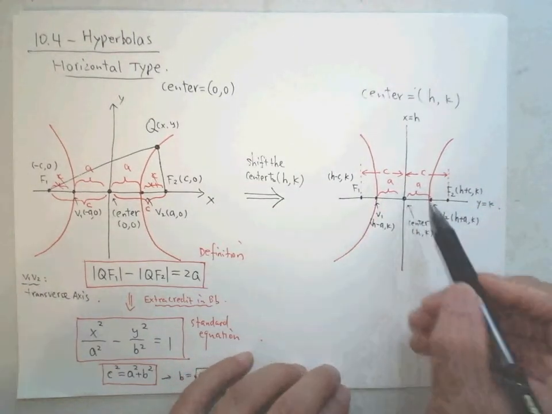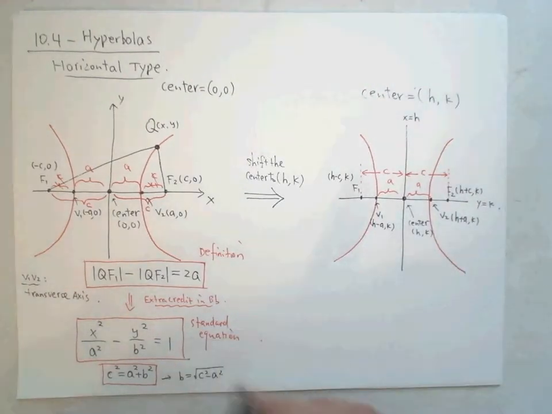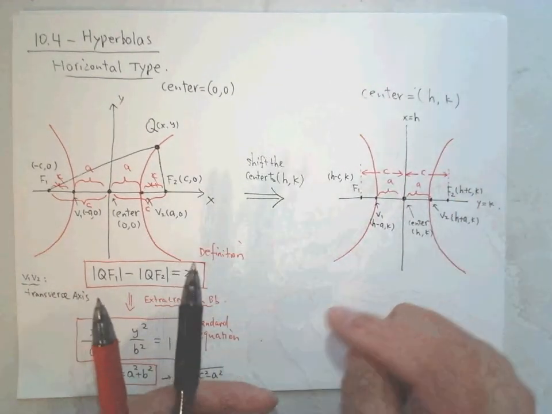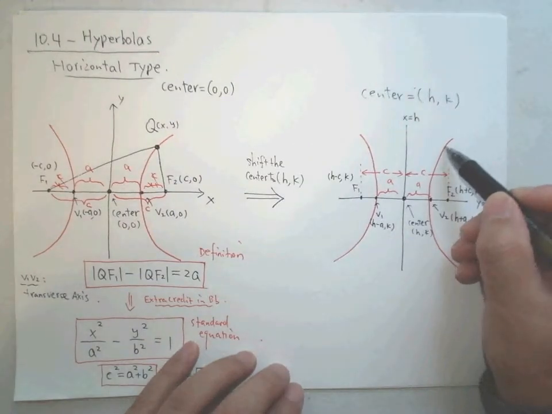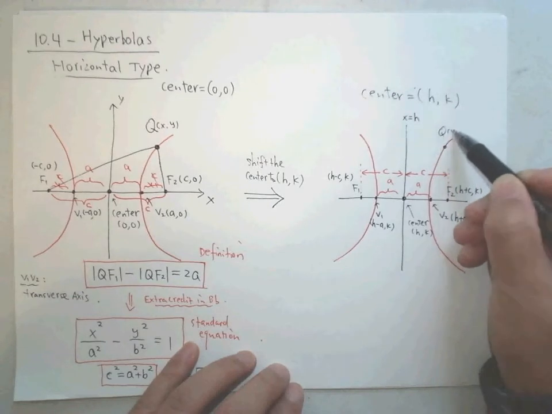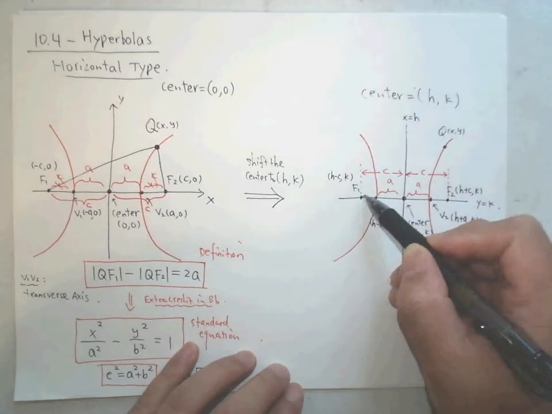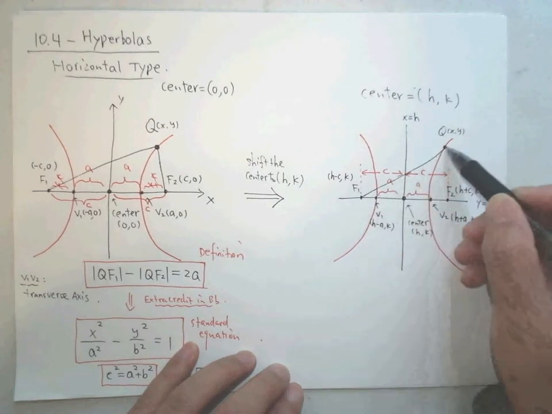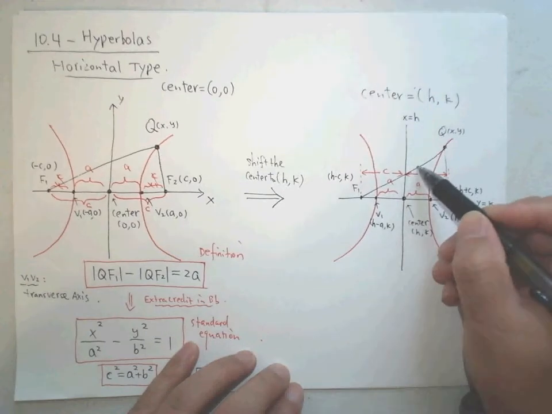Everyone, we find most of the elements: the center, the vertices, the two foci. And the definition is the same. If this is a point Q(x, y), and we link this point and link this point, what do we get?